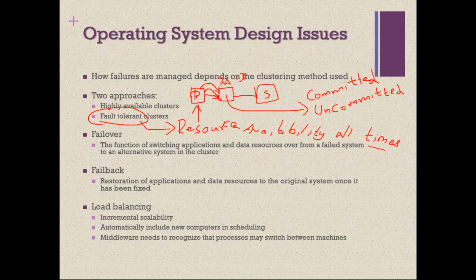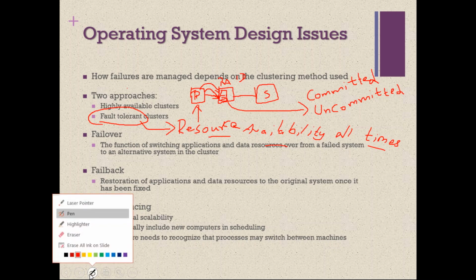Now the secondary server will take over. After taking over, the secondary server will check this RAID to see which transactions are uncommitted. By seeing that, the secondary server will understand that these transactions are uncommitted, which means they are partially executed, and it will start executing them. So this is how a fault tolerant system ensures resource availability at all times.